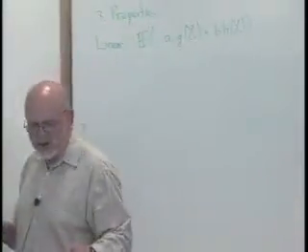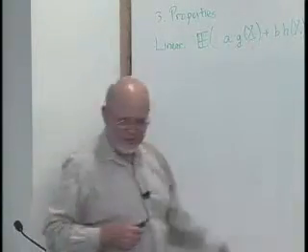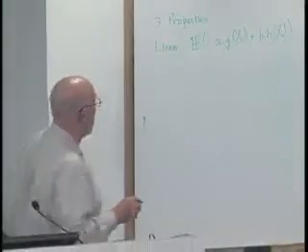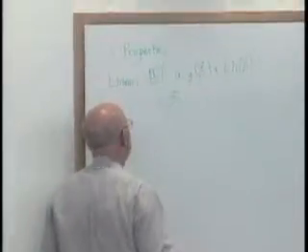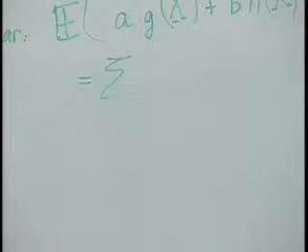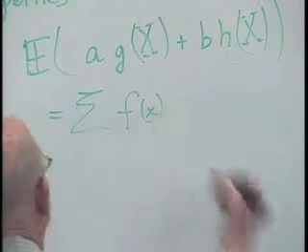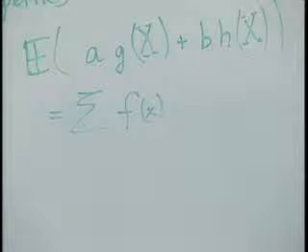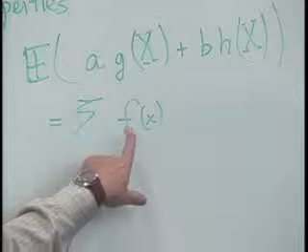And what I want to show you is that basically I can move this expectation inside, and here's how I'm going to prove it. Let's say, law of the unconscious statistician says all I have to do is take the mass function for this. That's f of x. I warned you last week that sometimes I will not subscript this.